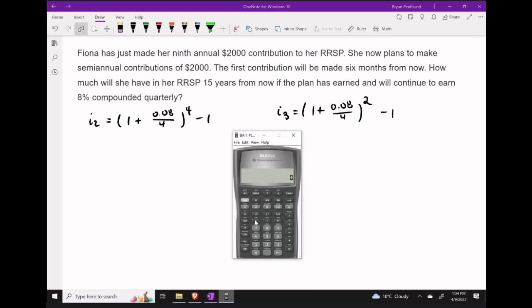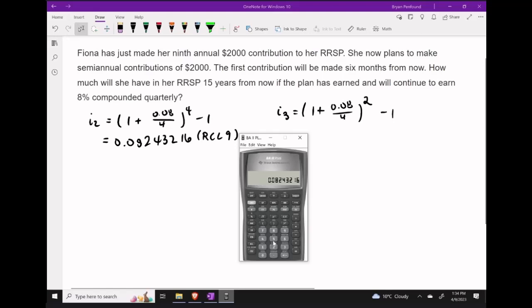Let's begin by calculating I2. Let's go open bracket 1 plus 0.08 over 4. I'm going to close that bracket, raise this to the power of 4, and then subtract 1. And that's going to give us about 0.08. Let's store this under number 9 so that we can recall it later.